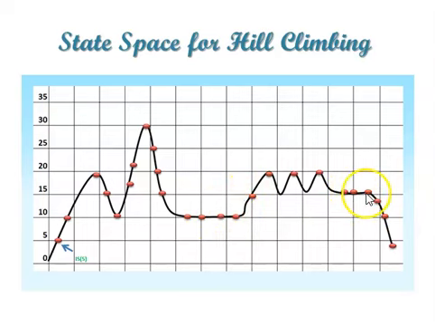If it is, we have to move to that position. At this spot, if we generate another state, we will not get a better value because it is part of a ridge. So we are not able to move further.